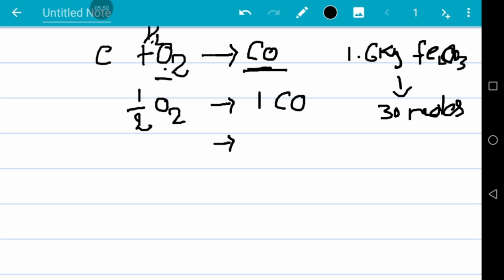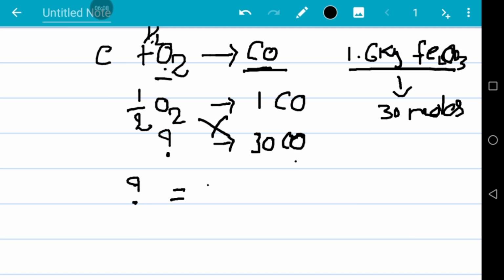Then we need 30 moles of CO. Why? Because 30 moles of CO is enough to reduce the 1.6 kg of Fe2O3. Now 30 moles of CO is produced from how many moles of oxygen? Again do the crisscross: question mark equals 30 into half by 1. So 30 into half is 15 moles.